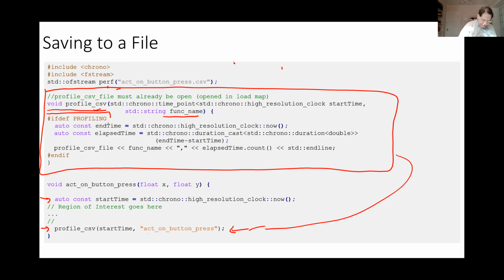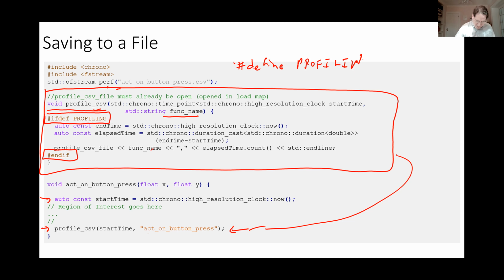There's one other thing here. I put in this ifdef profiling. Okay, so what this means is somewhere in my code, in a header file that everybody includes, maybe M1, well, let's say M2.h, or at the top of a C++ file, in order for this to actually get compiled in, I have to define profiling.